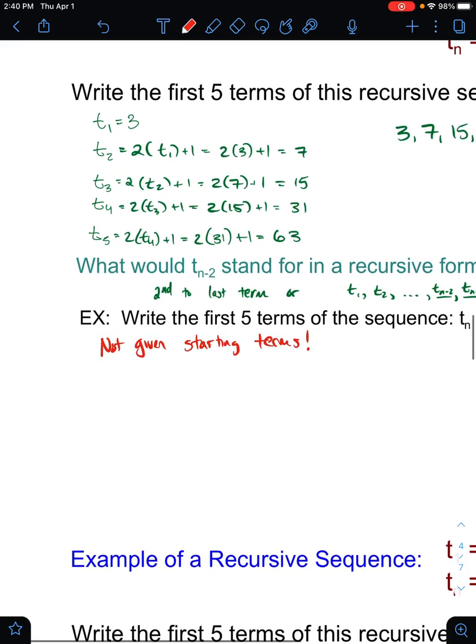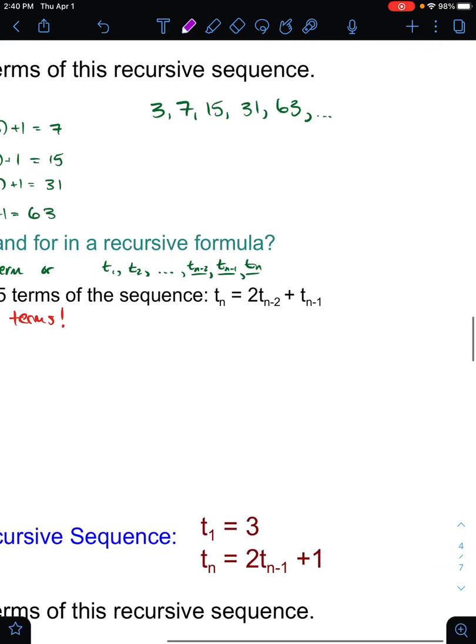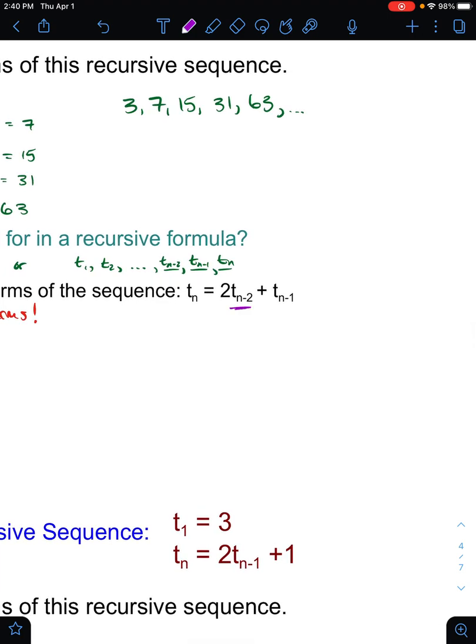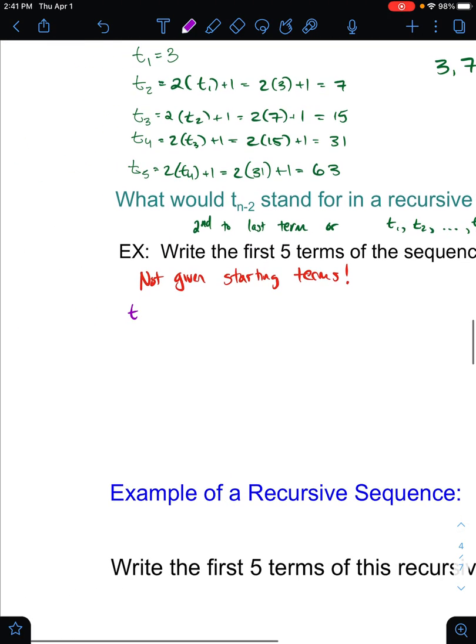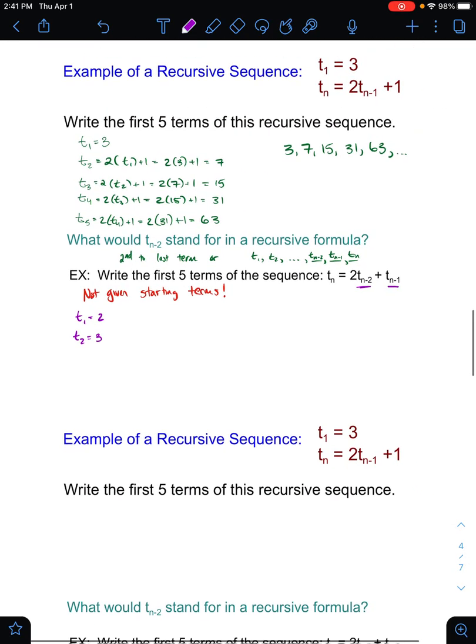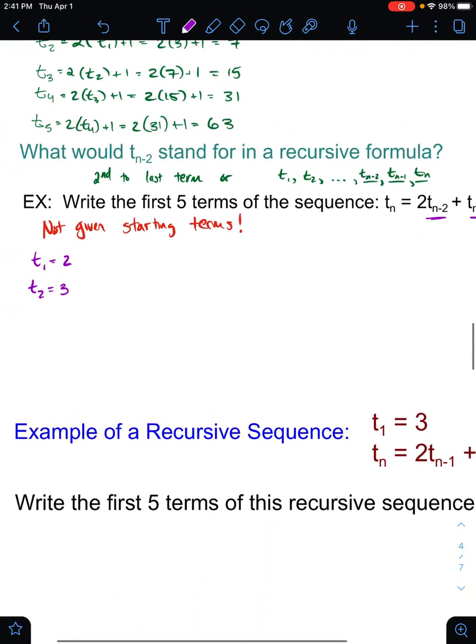But suppose I was. I'm going to need 2 of them in this case because I have 2 recursive pieces. So you're going to need at least 2 to start. Let's say t sub 1 is 2 and t sub 2 is 3. Well, now I could do it.